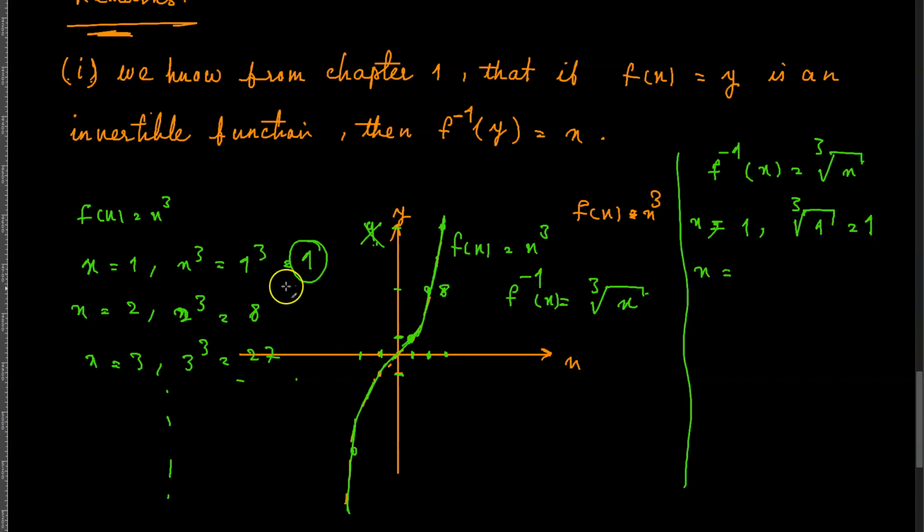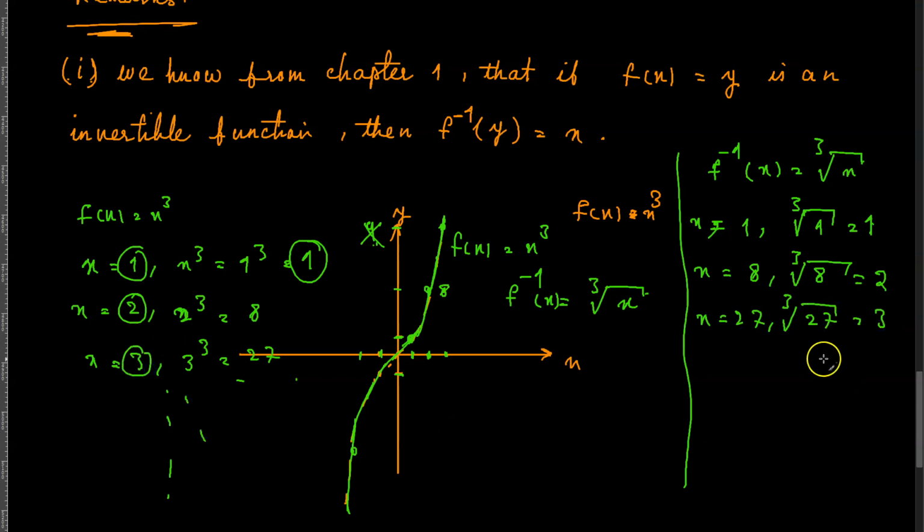Then if x is equal to, for example, 8, then the cube root of 8 is equal to 2. If x is equal to 27, then the cube root of 27 is equal to 3. Same input, and so on and so forth, right?